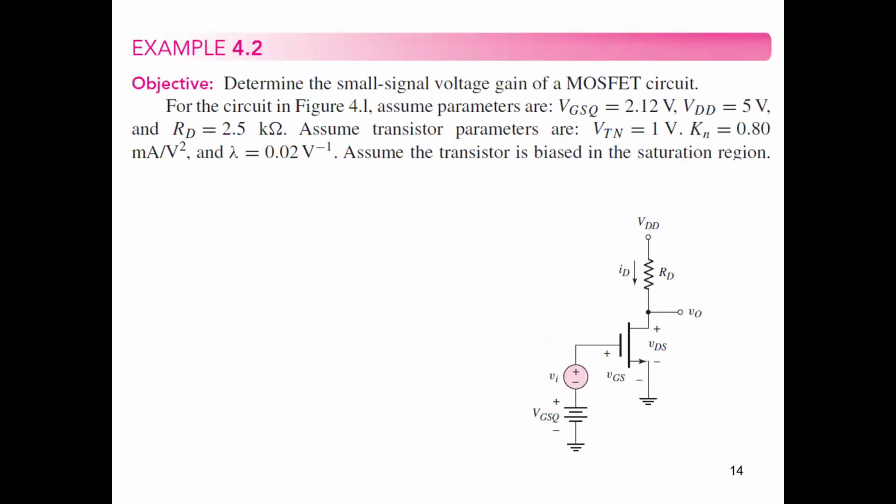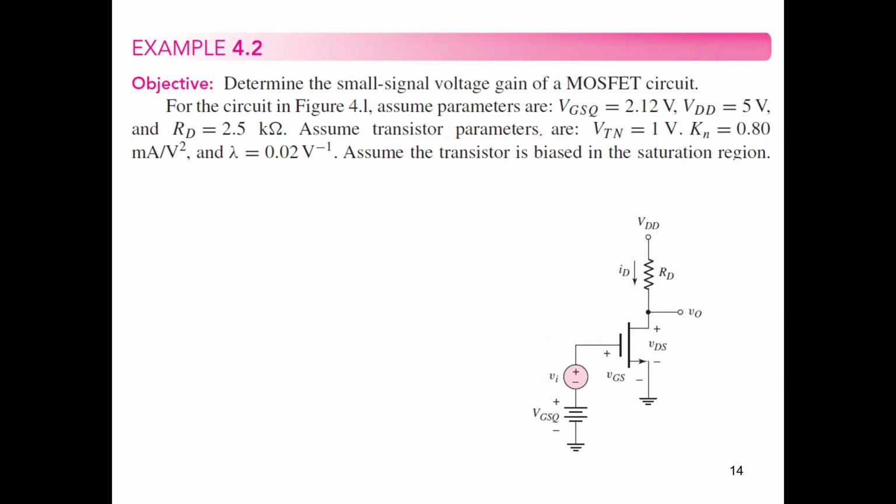Let's end with this example today. In this example, guys, we need to get the voltage gain for the circuit we have in the figure. It's the regular common source N-channel MOSFET.